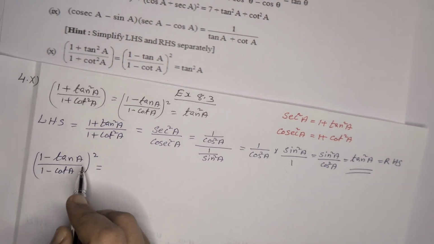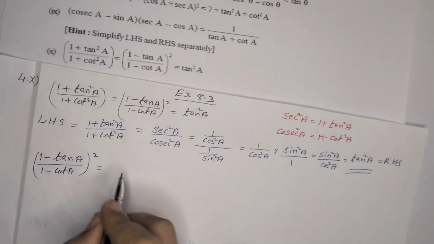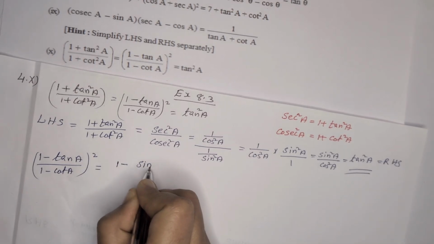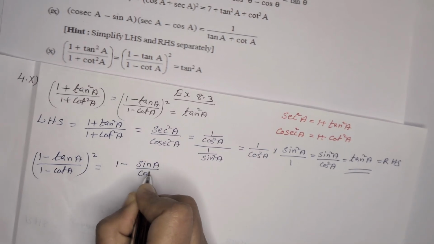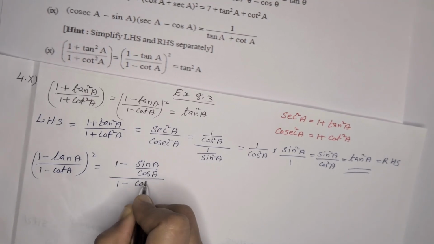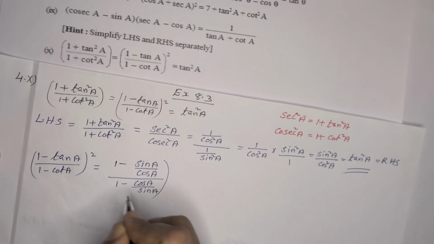1 minus tan A the whole square divided by 1 minus cot A the whole square, or 1 minus tan A by 1 minus cot A the whole square, which we can write as 1 minus tan A means sin A by cos A, divided by 1 minus cot A means cos A by sin A, the whole square.